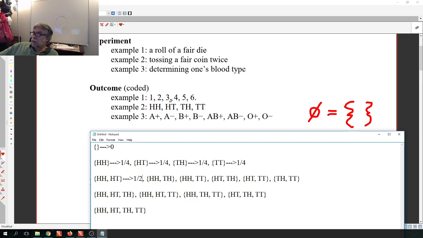There are 4 of them, so if you are assigning probability to heads on the first toss, that must be 2 out of 4, or 1 out of 2. It makes perfect sense, because the chance I'm going to get heads on the first toss is 1 out of 2. It doesn't matter what it's going to be on the second toss. So it looks like 50%. You can argue, if you like, and spend some time thinking about it, but every one of these guys has a chance of 1 out of 2.